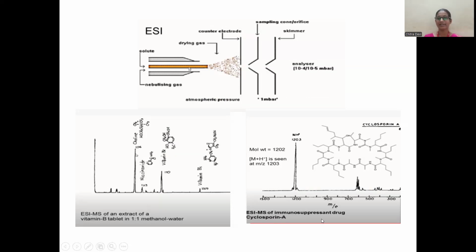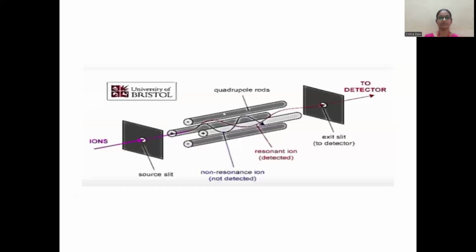The second is a drug compound, cyclosporine A, which can be detected with the help of mass spectrometry. Here the specific ionization is electrospray ionization. This is the application of this specific type of ionization.